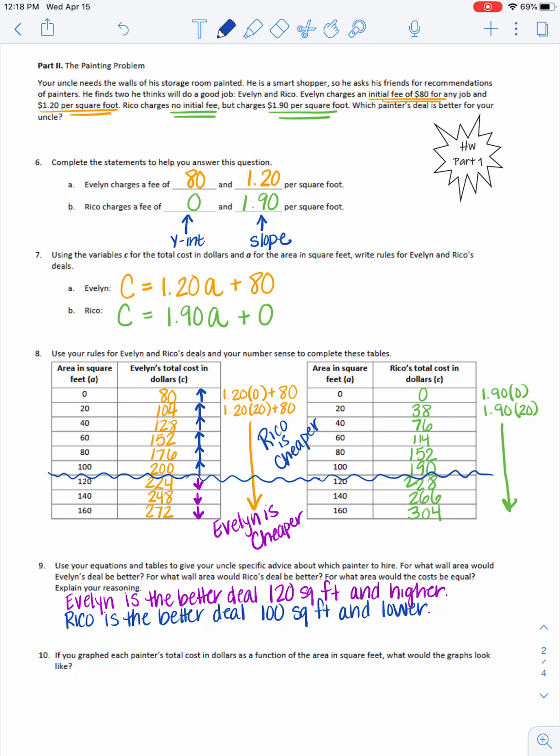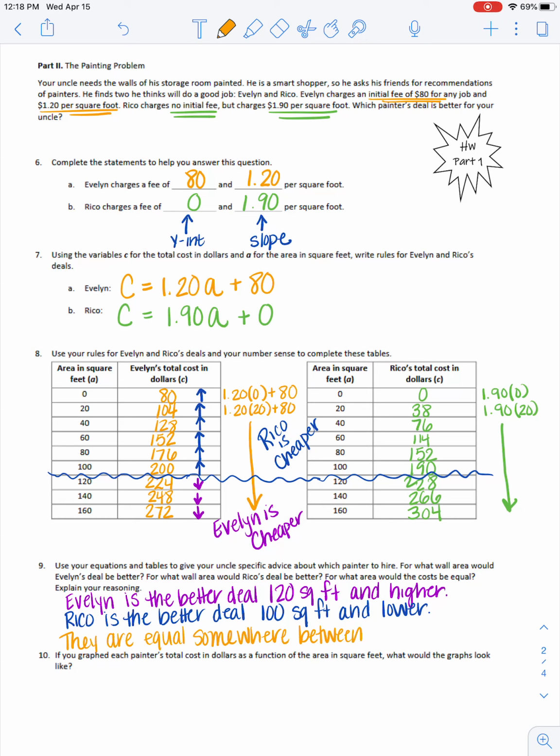Okay. Now, where do they meet? That's also a question that you're being asked. For what would they be equal? Based solely on the table, we can say that somewhere between 100 and 120 square feet they're equal. And that's really all we can tell from the table.